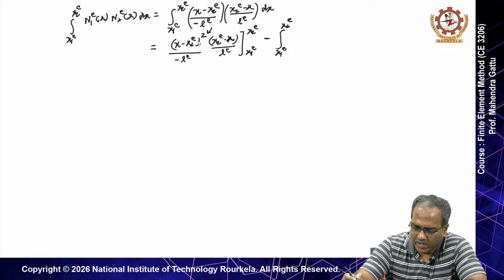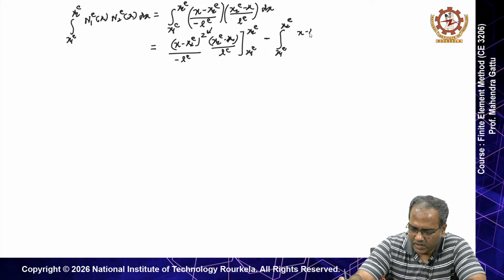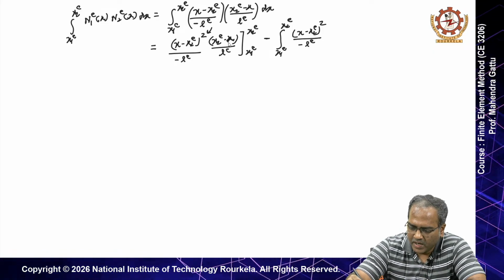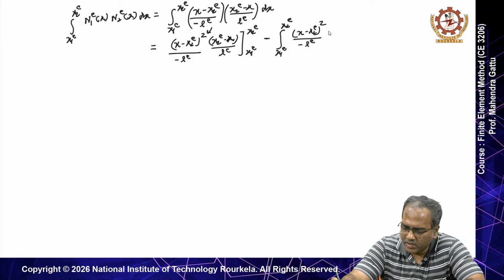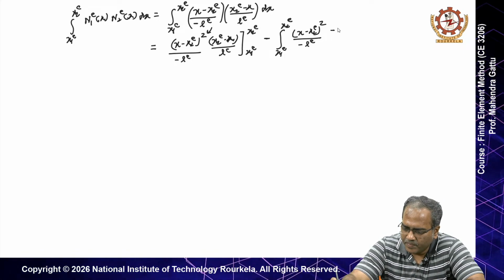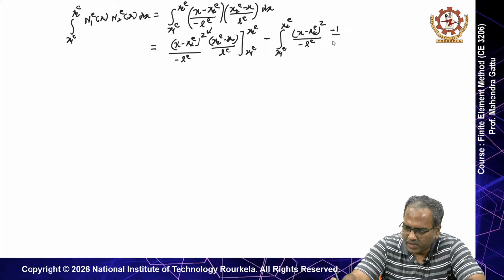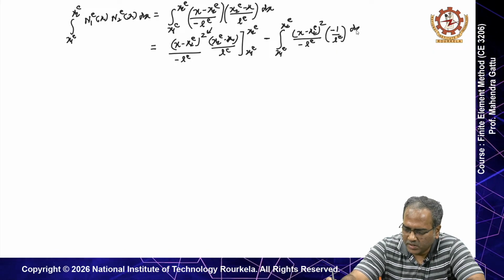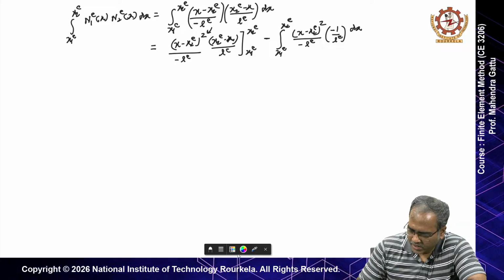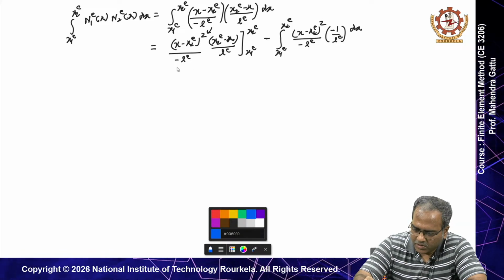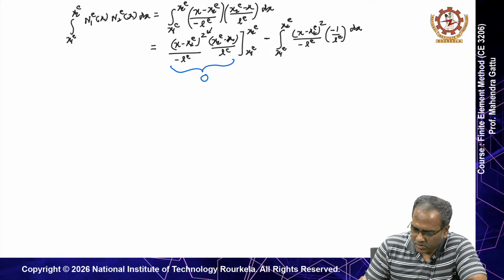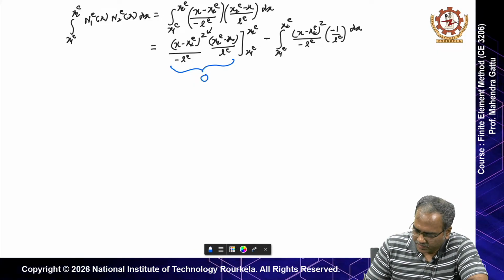So, I will again have this term (x minus x2e) whole square by minus Le, and then I am differentiating the second term, it should be minus 1 by Le times dx. So, what I will get is this term will go to 0, this term will be 0, and let us look at what happens to the other term.